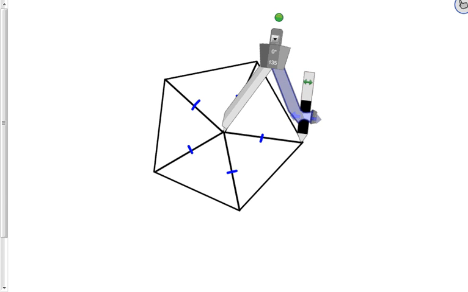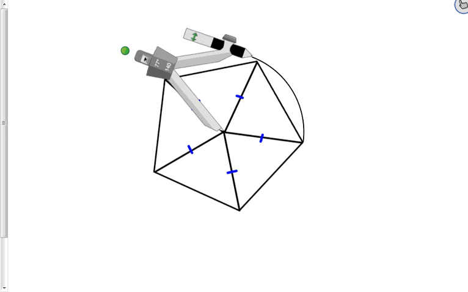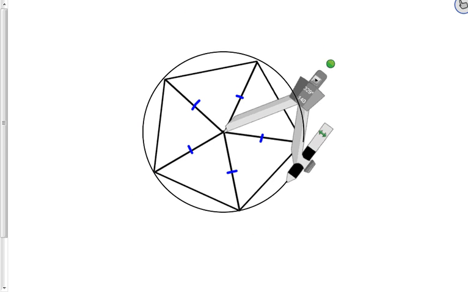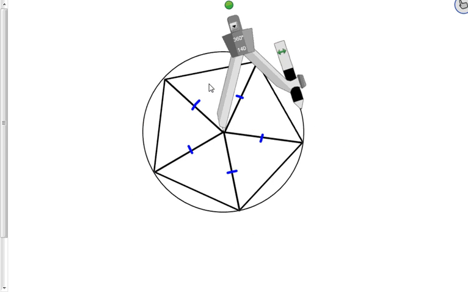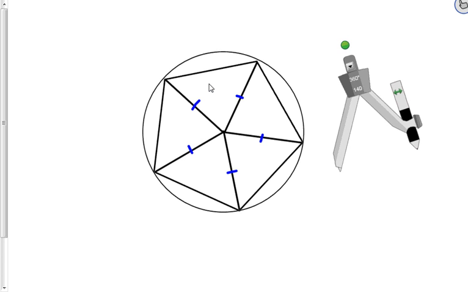And about right there might be as good as I can get. And now I strike the arc or the circle, and you can tell that that is the circumscribed circle, right? So the center of that regular pentagon is the center of the circumscribed circle.